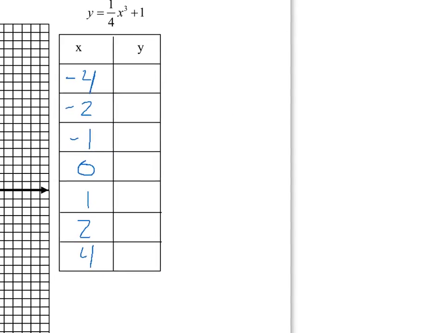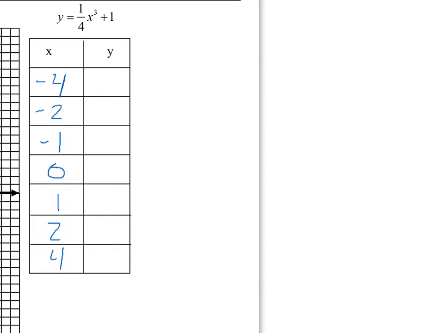And we'll work on over here. So this is y equals 1/4 times negative 4 cubed plus 1. Starting with the exponents, that's 1/4 times negative 4 cubed. That's negative 4 times negative 4, which is 16, times negative 4 again is not just 64, it's negative 64.